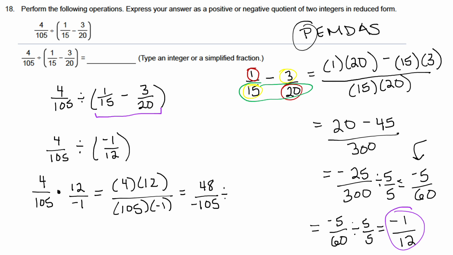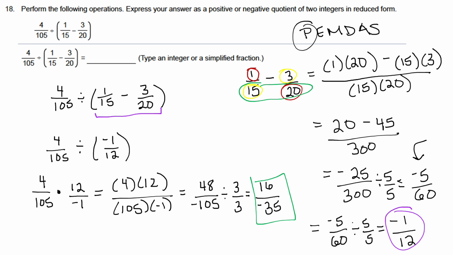Both numbers are divisible by 3, so I'm going to divide the top and bottom by 3. So 48 divided by 3 is 16, and negative 105 divided by 3 is negative 35. So my answer is 16 over negative 35.